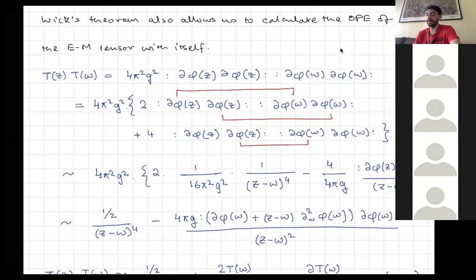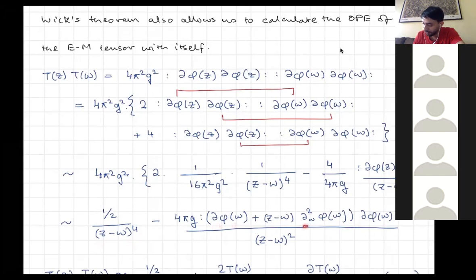So let's just write this down in whole again. When the dust settles, you see that the z minus omega to the power 4 piece comes with a factor of half in front. And now you remember that you have to express everything not at z but at omega, right? So you need to expand this one out as well. When you expand this out, the first term is a del phi term.